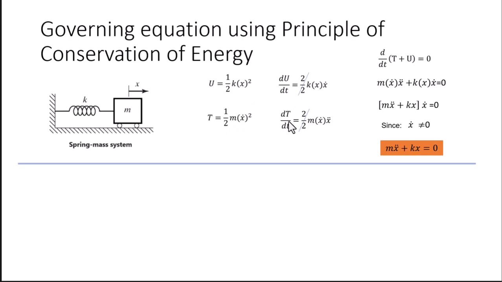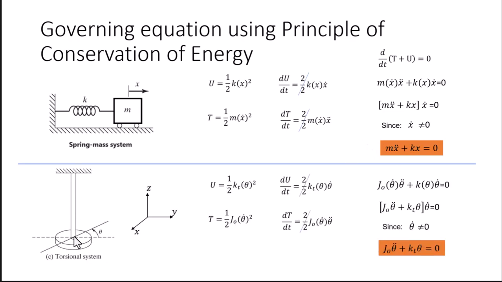If we derive both expressions, we get k, the displacement, times the internal derivative, because we are deriving with respect to time. The internal derivative is the velocity. If we derive the kinetic energy, we have mass, velocity, and acceleration. If we have conservation of energy, we have these two expressions, and as you see, because this is equal to 0, the velocity cannot be equal to 0, therefore we get this equation of motion. This equation of motion is exactly the same as the one we got using Newton's second law.